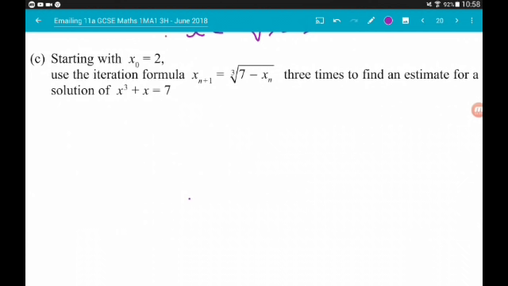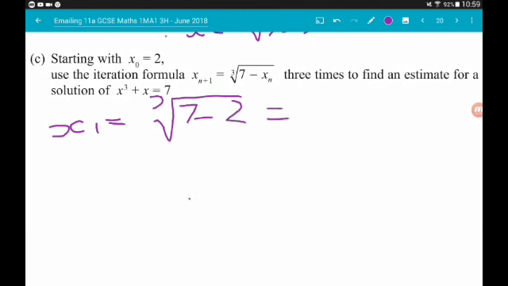Basically what we're doing is x1 is equal to the cube root of 7 minus x naught. So 7 minus 2. Now that's the cube root of 5.